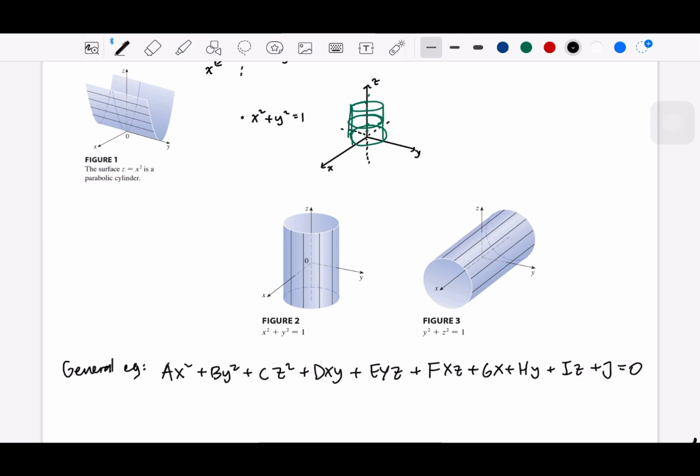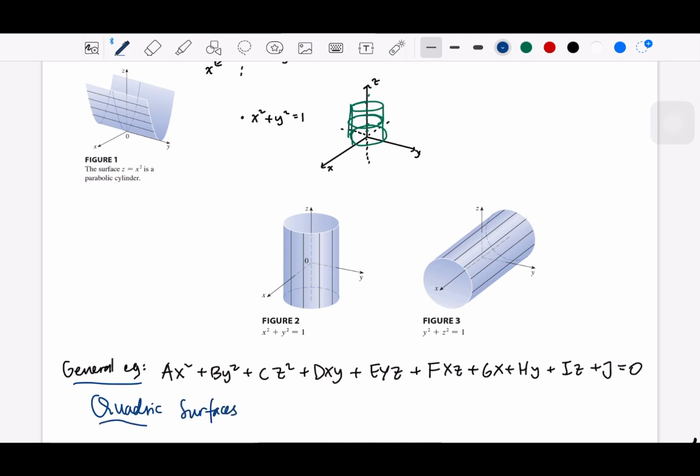Okay, really long. But this is the general equation, so all possible combinations should be written down. But in our case, it depends. Some constants can be 0 in some cases. So this is the general equation for a quadric surface.